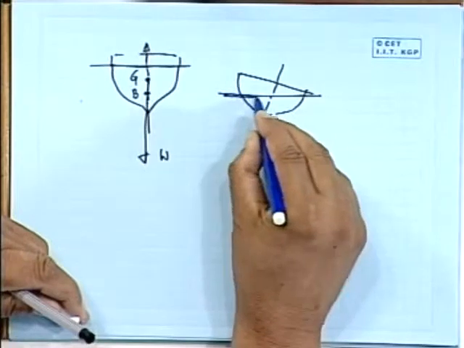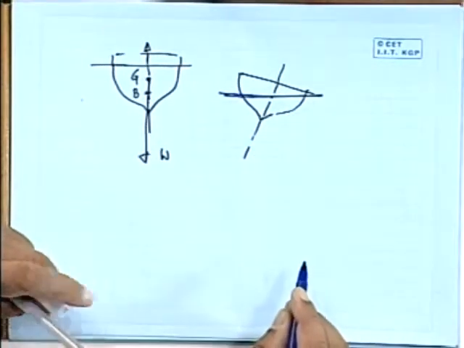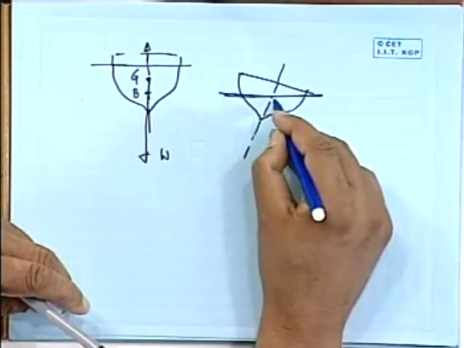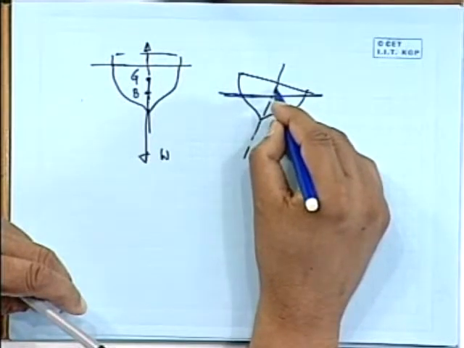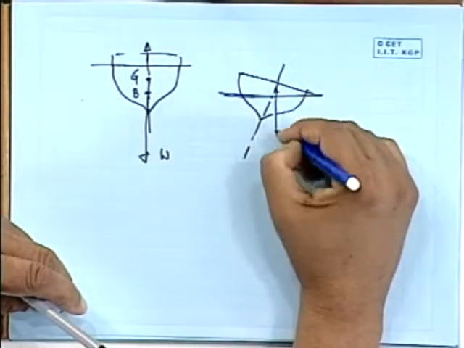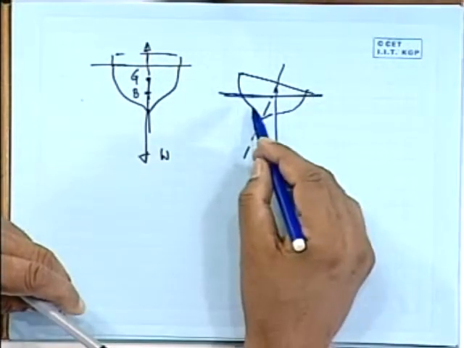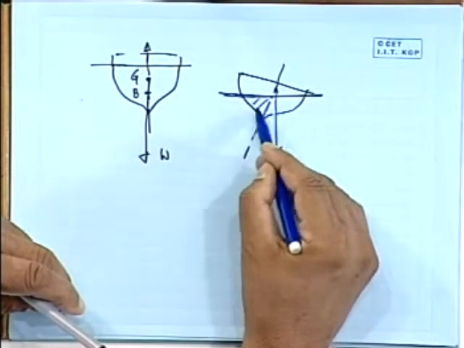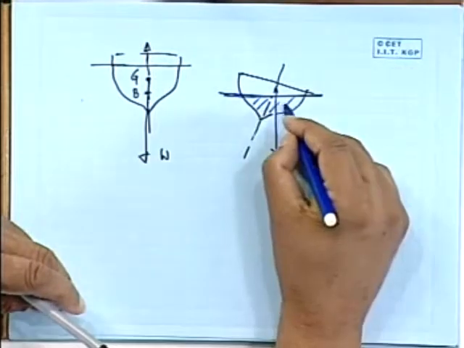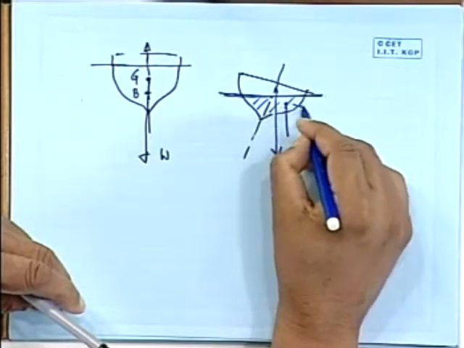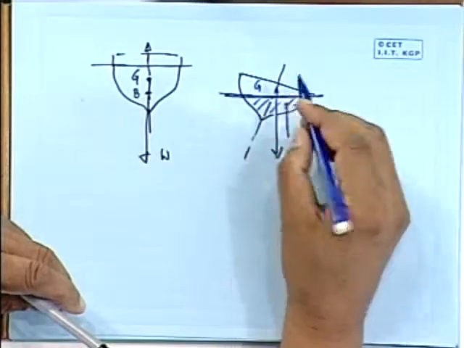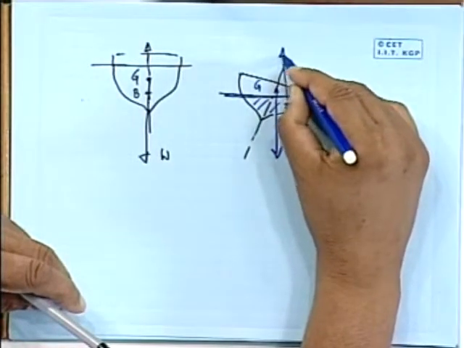Say I incline the ship in this fashion. This is my underwater volume. Now center of gravity, of course, weight still remains somewhere here. It acts like this. Okay. But center of buoyancy is the centroid of this area, which would have gone somewhere here. Let us see. So this is my B, this is my G. So through that I have this.